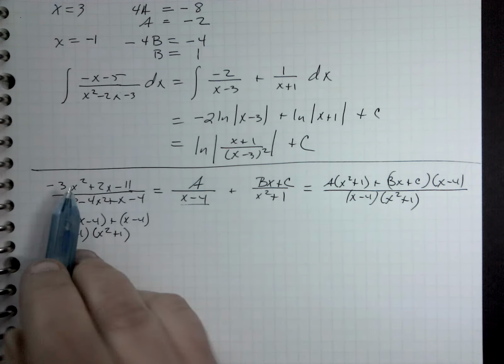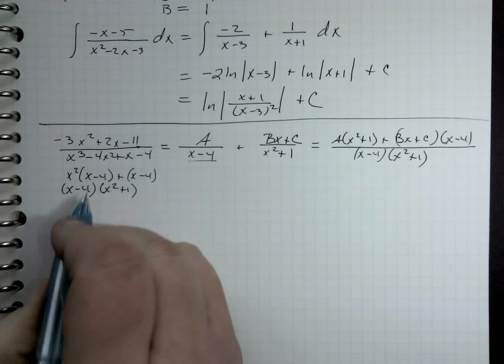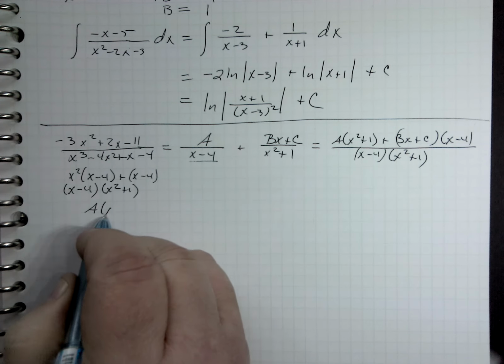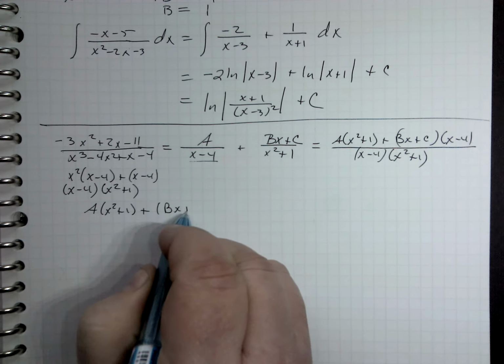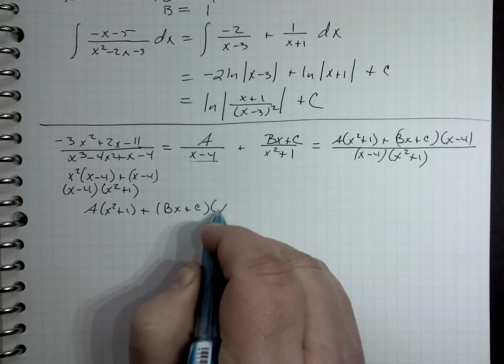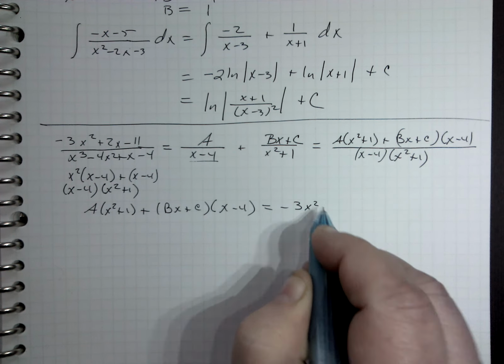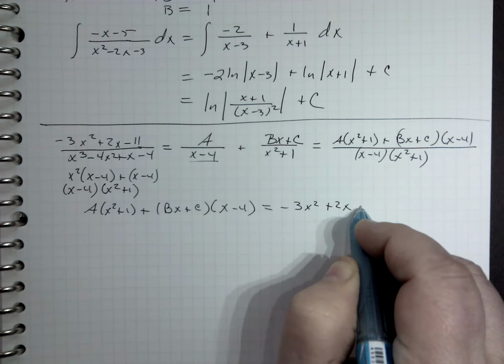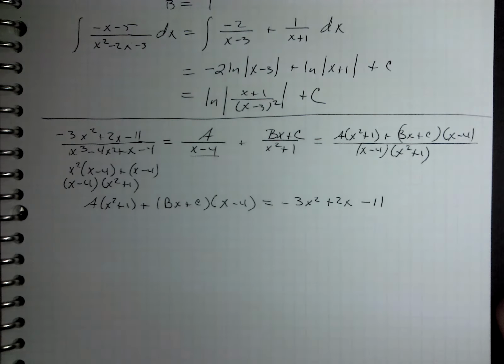Which means if we compare the top, I'll have a times x squared plus 1 plus bx plus c times x minus 4 is equal to negative 3x squared plus 2x minus 11. So I want to figure out what a, b, and c are.